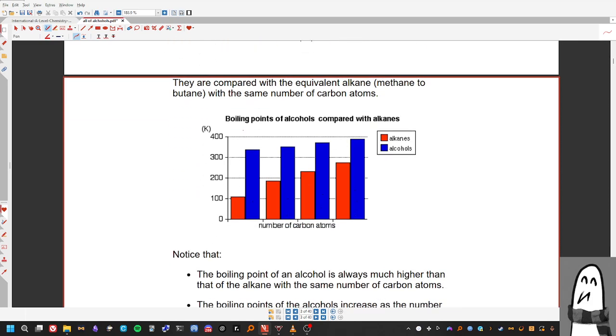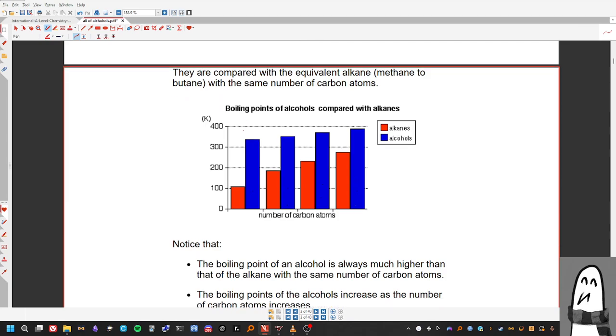Okay, so as you can see, they're compared with the equivalent alkane, methane to butane, with the same number of carbon atoms. So we're given alkanes and we're given alcohols. Simply put, alkanes are just the same thing as alcohols, except one of those H's is replaced with an OH. Overall we can see that as the number of carbon atoms increases, the boiling points increase, but alcohols mostly have a way higher boiling point than alkanes.